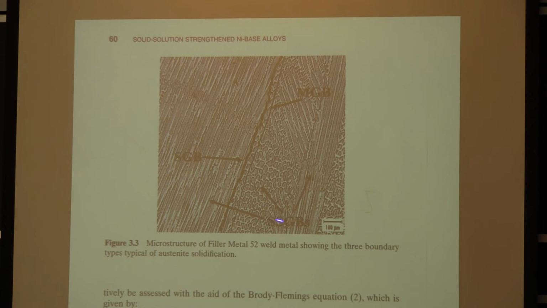Within those, you've got the solidification subgrain boundaries, and then you've got a migrated grain boundary which kind of moved away from that original solidification grain boundary. And so when you're worried about solidification cracking, you're worried about these boundaries and how much stress and how much low melting phase is present along those boundaries.